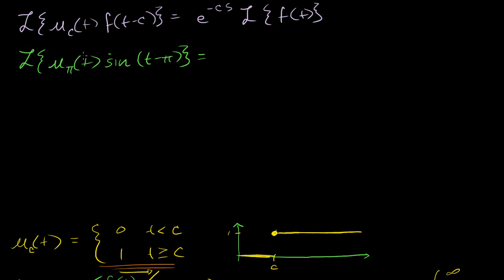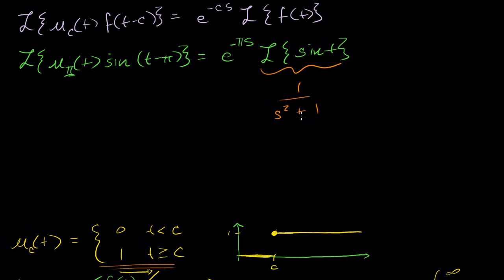We know that this is going to be equal to e to the minus cs. c is pi in this case, so e to the minus pi s times the Laplace transform of the unshifted function. So in this case, it's the Laplace transform of sine of t. And we know what the Laplace transform of sine of t is. It's just 1 over s squared plus 1.